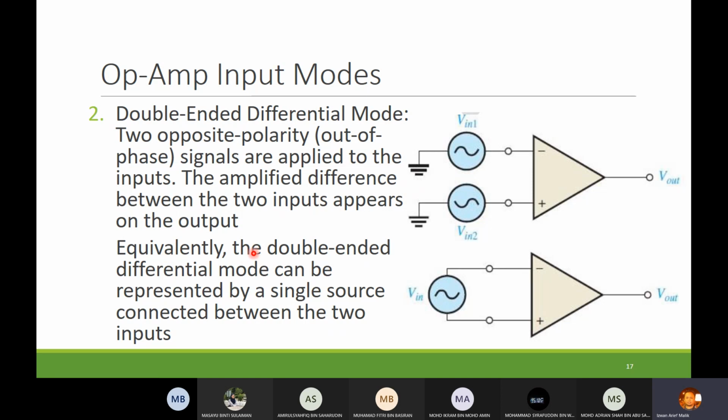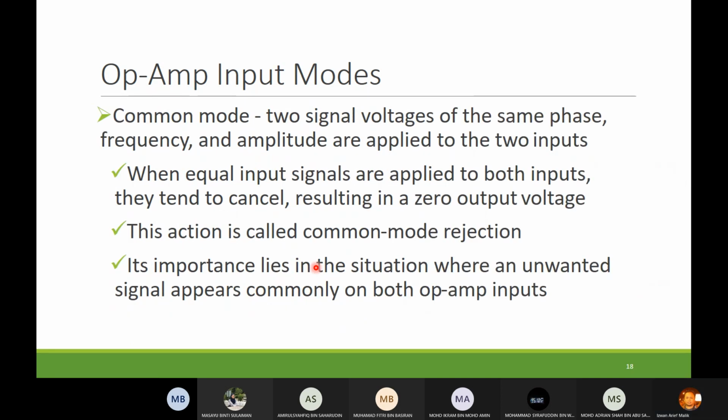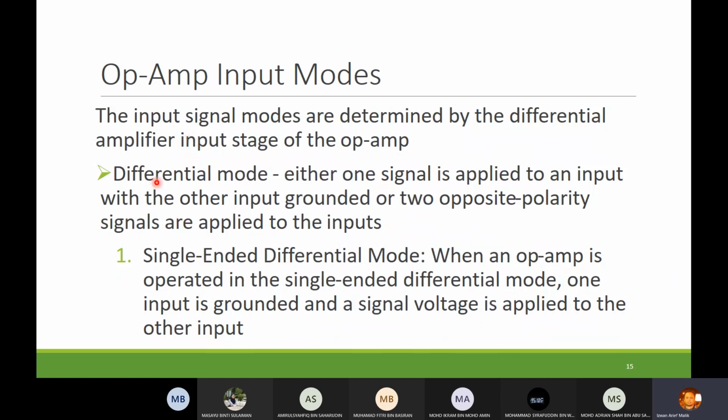Okay, so equivalently, the double-ended differential mode can be represented by a single source connected between the two inputs. So sama je lah kalau kita pakai tak sama macam ni pun, which is this one kita pakai dua V-in yang berbeza, ini kita pakai V-in yang sama, tapi dia still akan jadi double-ended sebab satu akan masuk non-inverting, satu akan masuk pada inverting. Okay, so itu differential mode tadi, which is the first one, dia punya op-amp punya input modes.